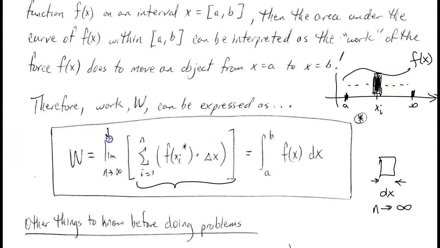This limit notation, limit as n approaches infinity, implies that we want to study the behavior of the Riemann sum as the number of strips tends toward infinity. And by definition, this limit operator and summation operator come together to be this infinite summation sign, or what we know as an integral.